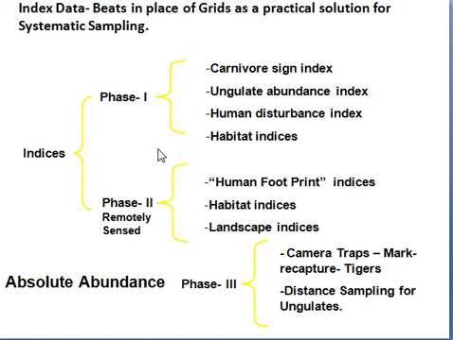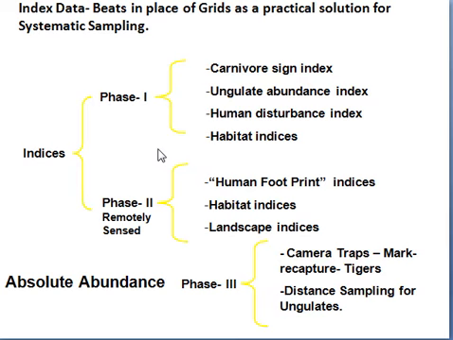Under phase 2, that is remotely sensed, we generally assess human footprint indices as well as habitat indices and landscape indices. Apart from this, we also have absolute abundance analysis, which deals with phase 3 of systematic sampling. This phase includes camera traps and mark recapture, especially for tigers. The second component of phase 3 is distance sampling for ungulates.